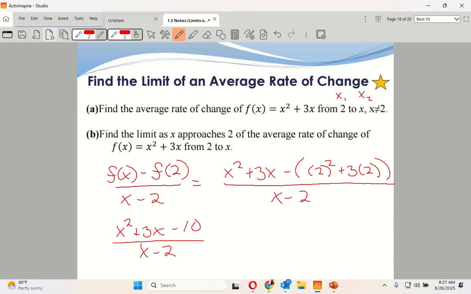All right, this one should be an easy one. x squared plus 3x minus 10. What is that going to be? Factor it. What do we get? Positive 5, negative 2.